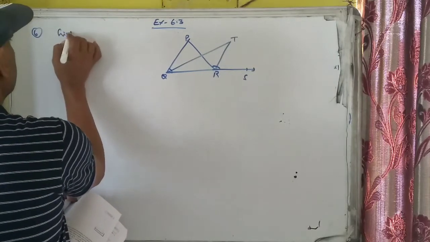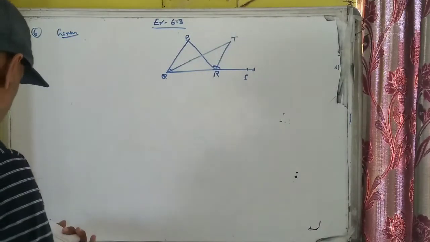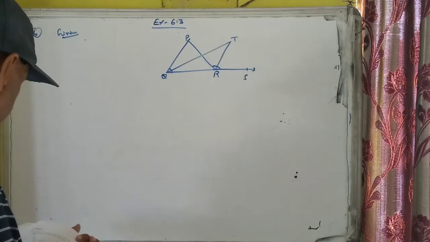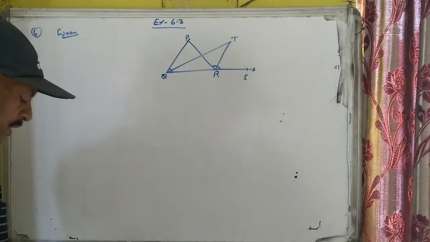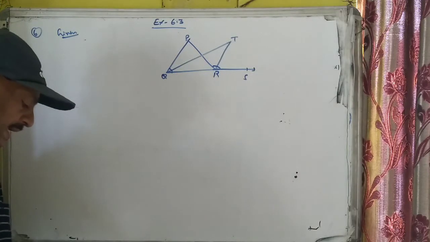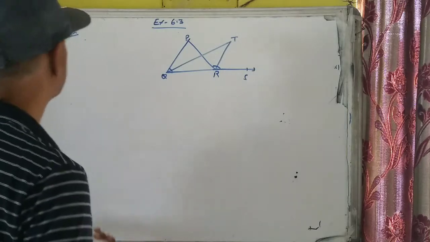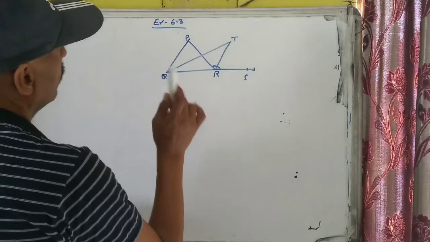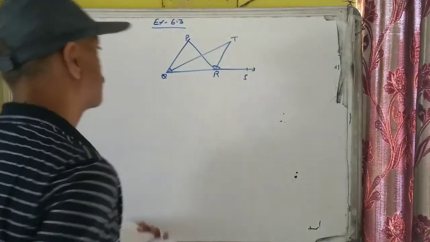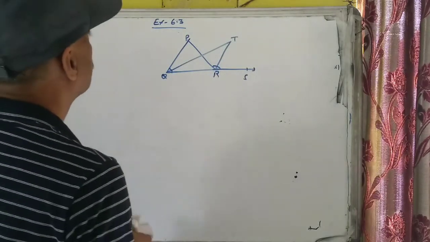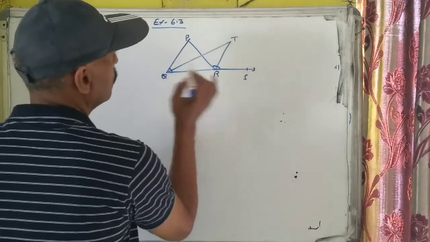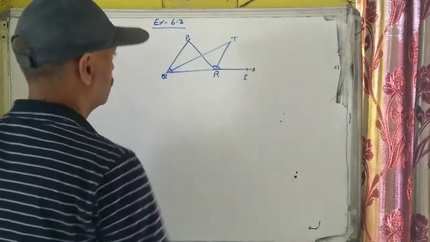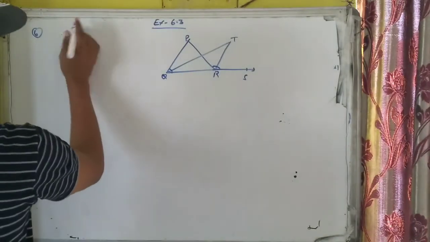It is given in the question that bisectors of angle PQR and PRS. So QT is the bisector of angle PQR and TR is the bisector of angle PRS. Okay, so let us solve.